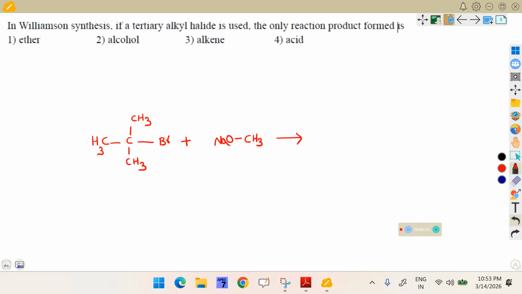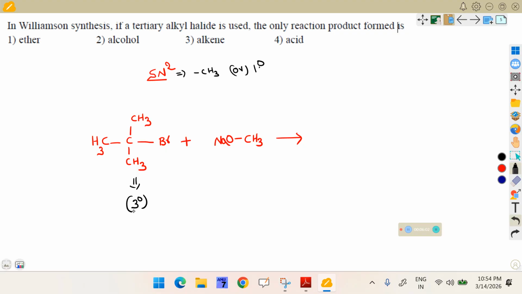See the next question. In Williamson synthesis, if a tertiary alkyl halide is used, the only reaction product formed is... Just now we discussed, Williamson synthesis follows the SN2 mechanism. That's the reason the alkyl halide must be methyl or 1 degree. Suppose the given alkyl halide is 3 degree.